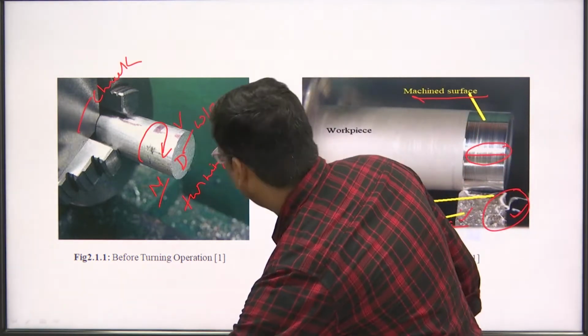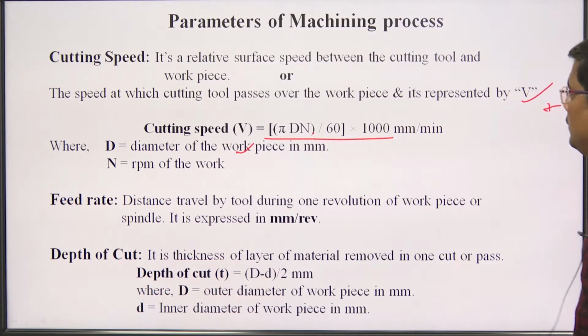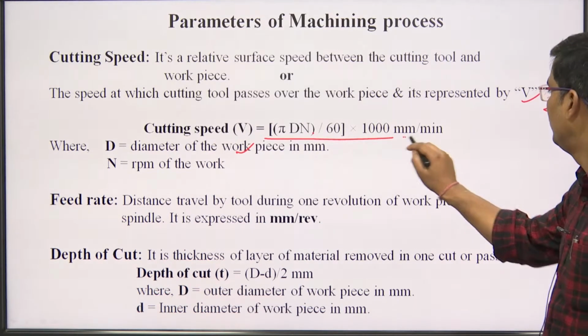V = πDN/(60×1000), and its unit is mm per minute.